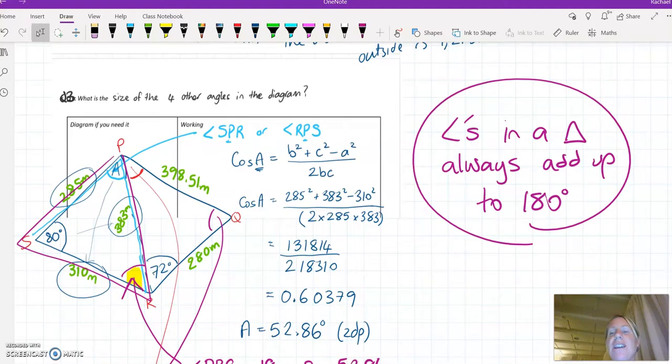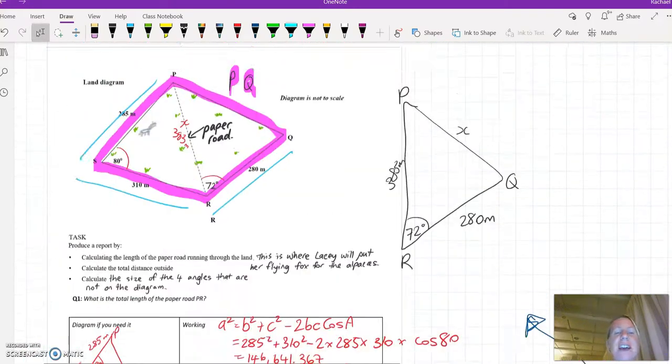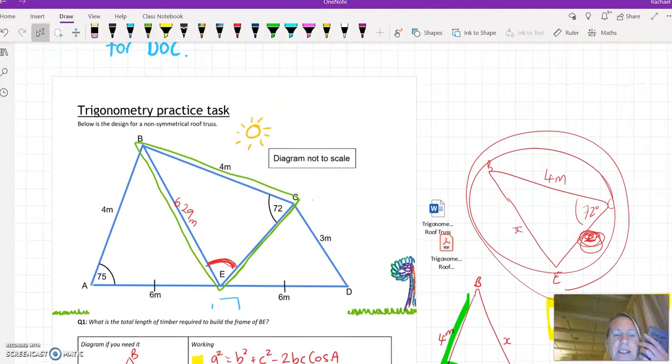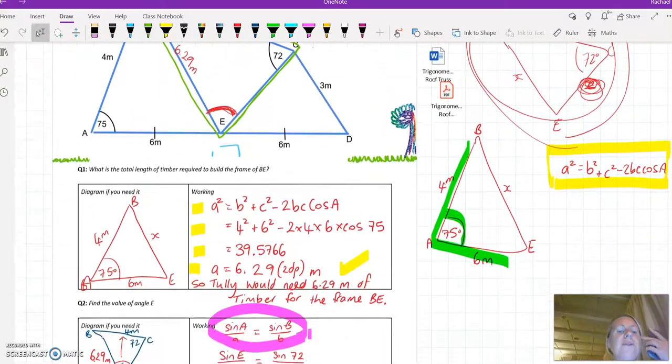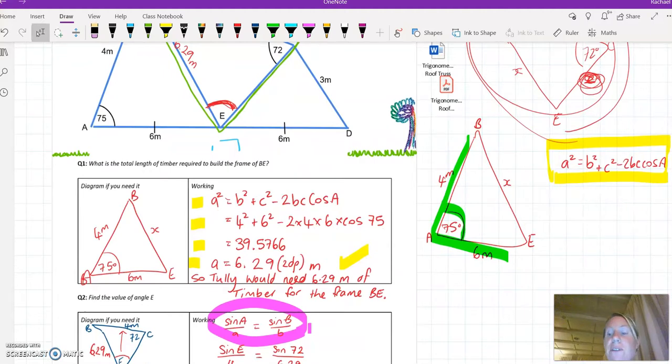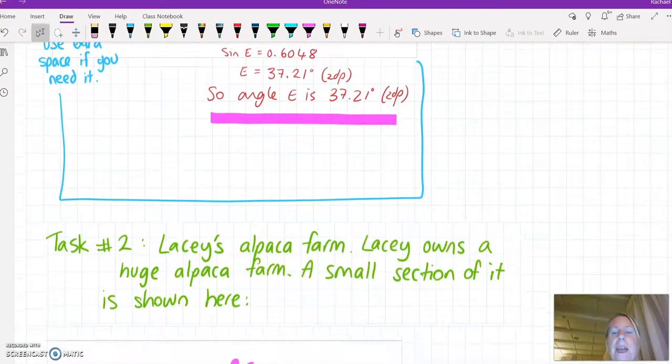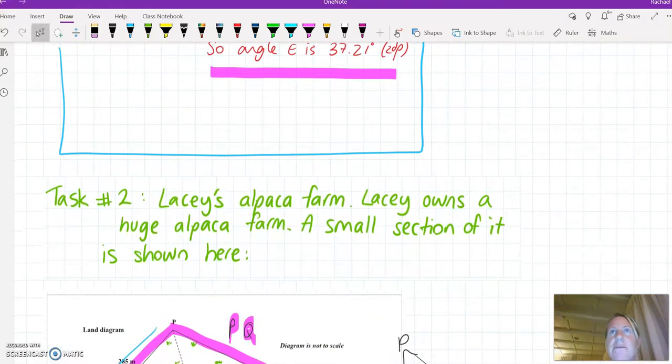But if you had done either of these tasks, so if we go back to the top one here and have a look at the roof truss, you've showed off using the cos rule that you can find a side with the cos rule, and then you've showed off that you can use the sine rule to find an angle. That's enough for achieved.